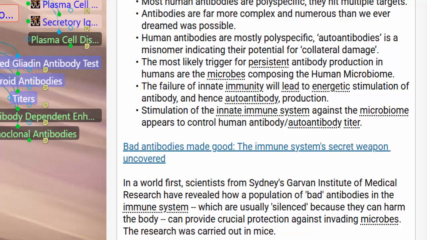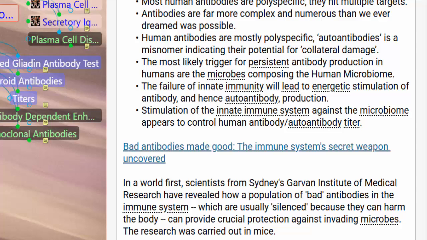So most human antibodies are polyspecific. They hit multiple targets. Antibodies are far more complex and numerous than we ever dreamed was possible. Human antibodies are mostly polyspecific. Autoantibodies is a misnomer indicating their potential for collateral damage.